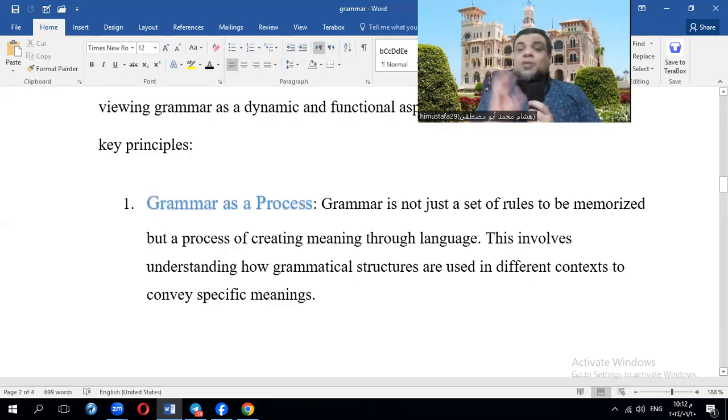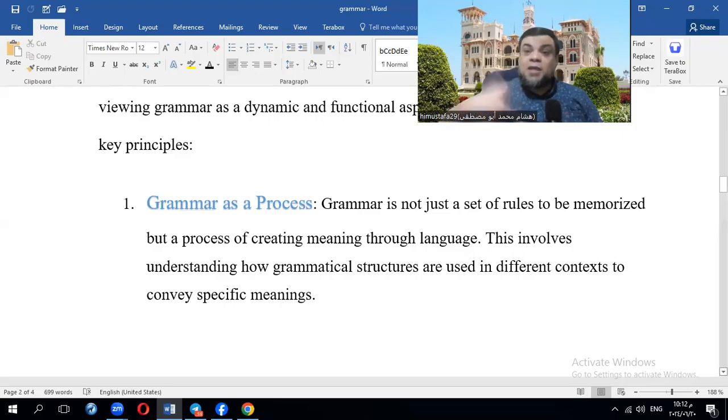Grammar is not just a set of rules to be memorized, but a process of creating meaning through language. As we said, in generative grammar, grammar was a set of rules. But here, grammar is not just rules to be memorized, but a process of creating meaning through language.